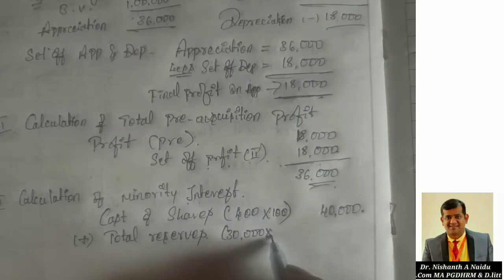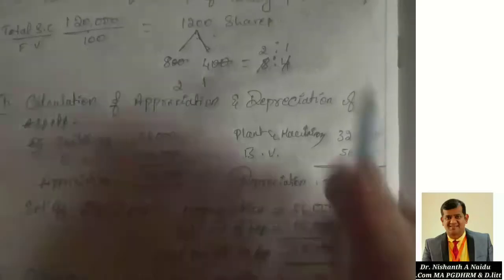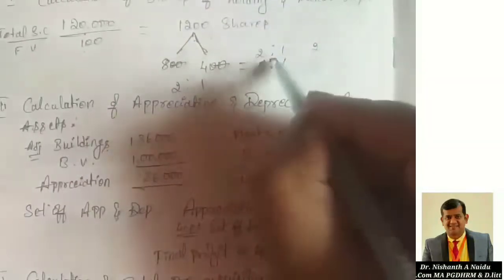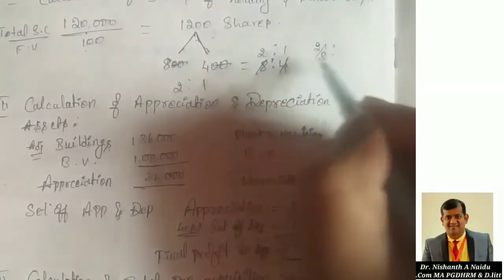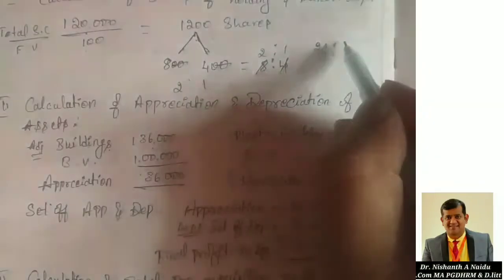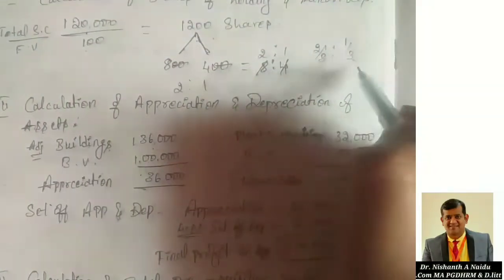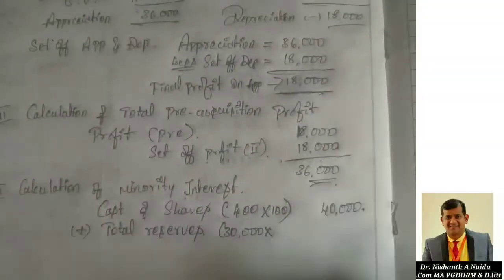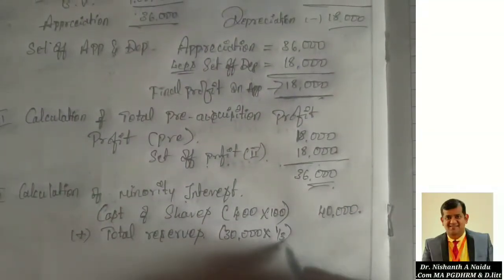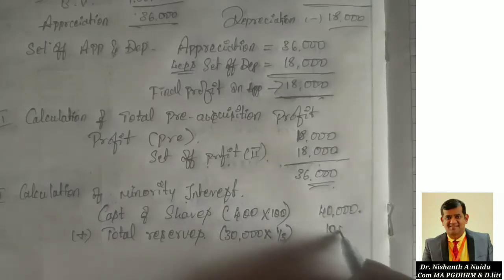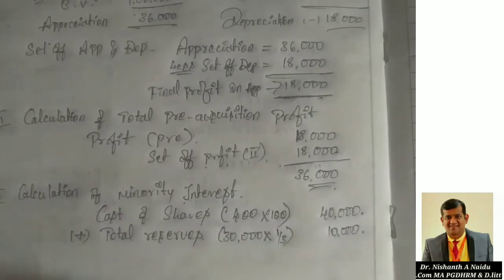What is the ratio of the minority? 1 by 3, correct? The ratio is 2 to 1, so the majority is 2 by 3 and the minority is 1 by 3. So take 30,000 into 1 by 3, which comes to 10,000 rupees.